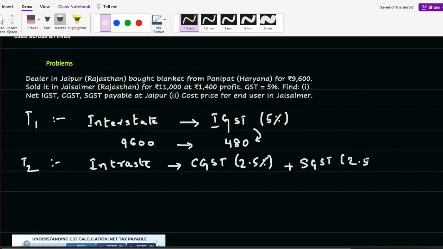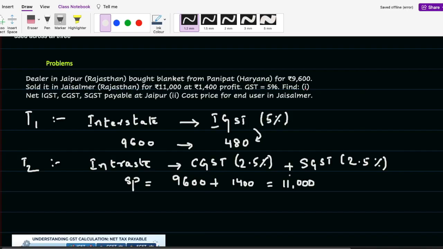However, you cannot divide 480 into 240 and 240 because there is a profit involved here. So the selling price is 9,600 plus a profit of 1400, which will be a total of 11,000 as the selling price.